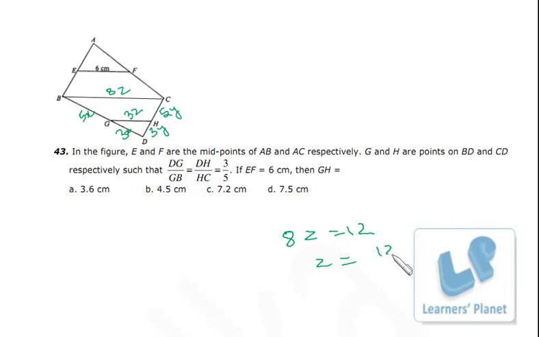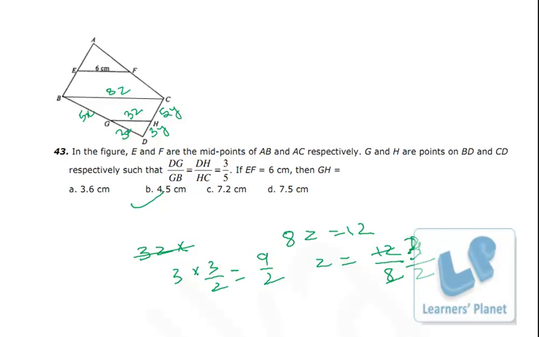So z is equal to 12 by 8, or 3 by 2. Now we have to find GH. GH is 3z, so 3 into 3 by 2, that is 9 by 2, or 4.5.